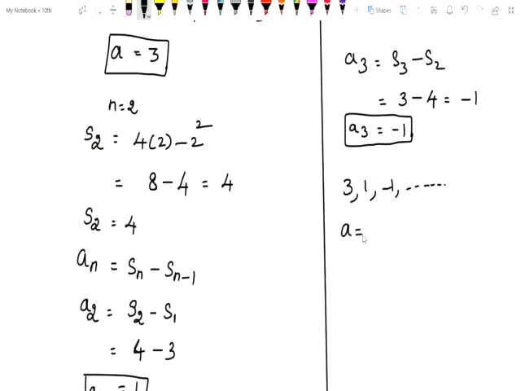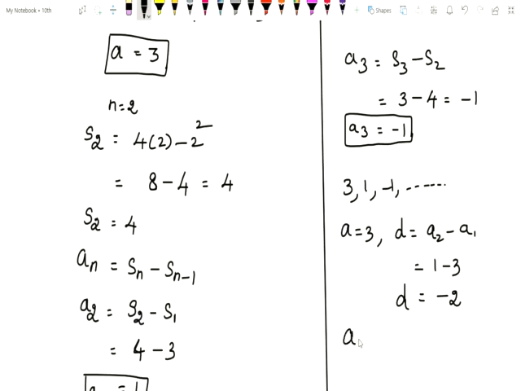So A equal to 3 and D equal to A2 minus A1. So 1 minus 3 will get minus 2. So the common difference is minus 2. So we found the first term, the sum of the first two terms and the third term. And remaining we need to find out the 10th term and the nth term.